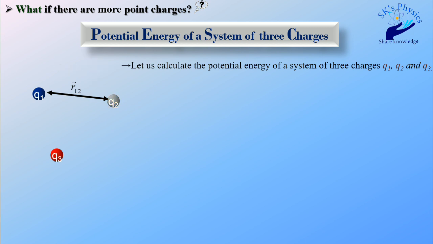Now for two charges q1 and q3, u13 = k q1 q3 upon r13, where r13 is the distance between them. Same for q2 and q3: u23 = k q2 q3 upon r23, where r23 is the distance between q2 and q3.